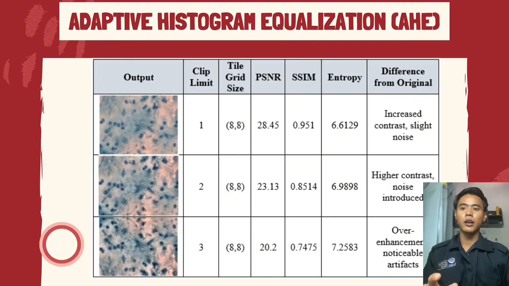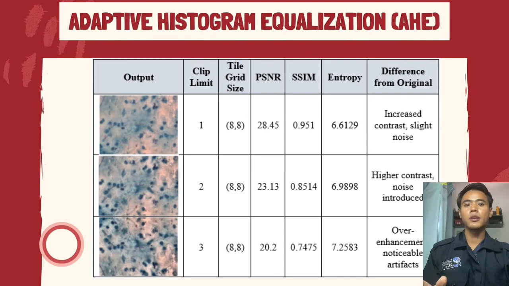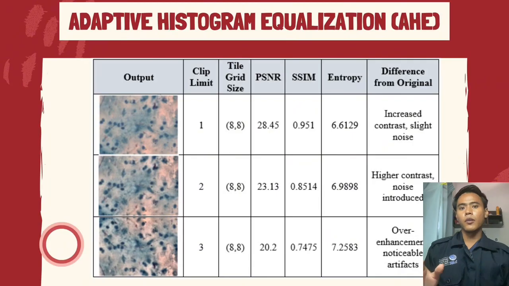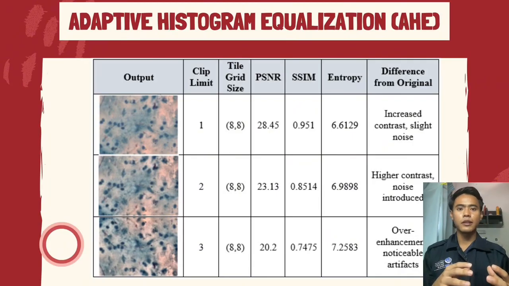The tile grid is the same, and we can see the output values for the evaluation methods. It's observed that increasing the clip limit reduces PSNR and SSIM but increases entropy. This indicates that higher contrast enhancement may introduce noise, leading to a lower similarity to the original image.